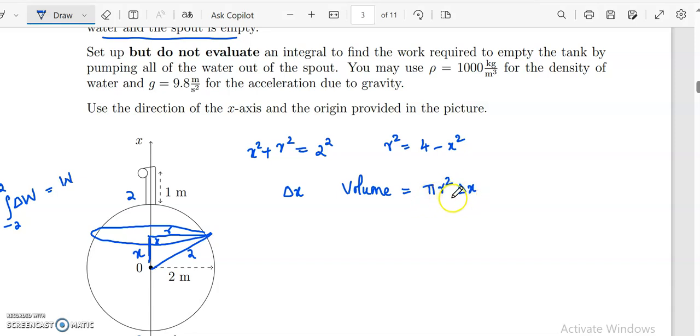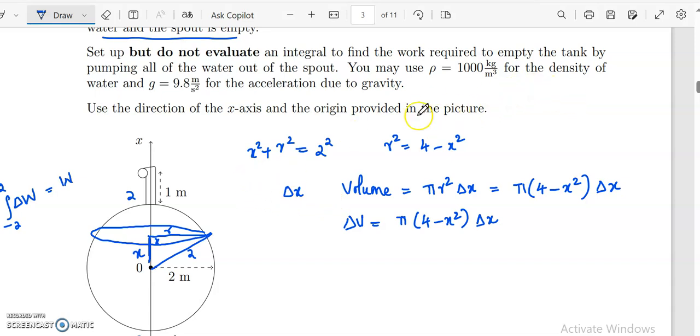So we can replace r square by 4 minus x square. So we will get pi into 4 minus x square delta x. So this is the volume of this very small piece, that is actually delta V. So delta V will be equal to pi times 4 minus x square into delta x.